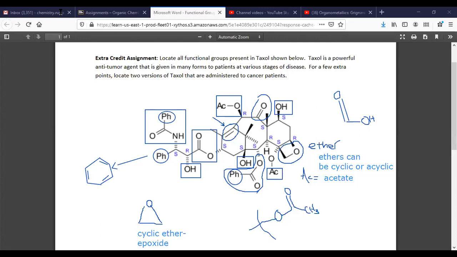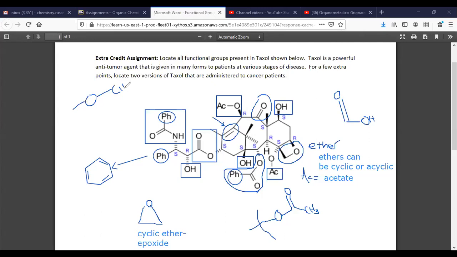Thank you. Excuse me, Dr. Russell. I have a question. Go ahead. I keep hearing ester and ether. What's the difference? So an ether looks like this. I'm just gonna draw the simplest one I can think of.